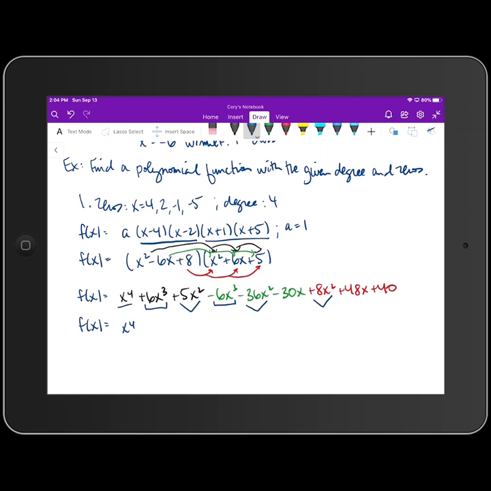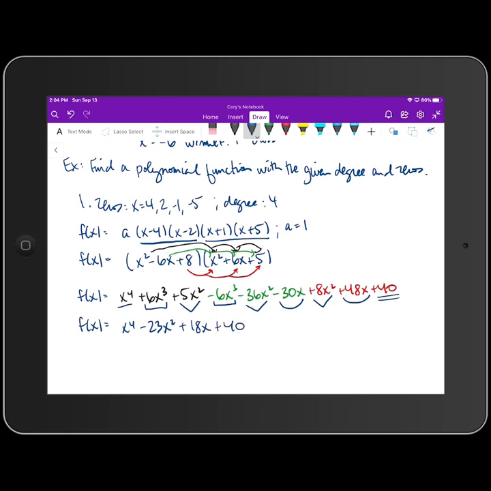So 5 and 8 is 13. Negative 36 plus 13 is negative 23x squared. And then our x terms, we have negative 30x plus 48x is plus 18x. And then we have our constant term at the end, plus 40.